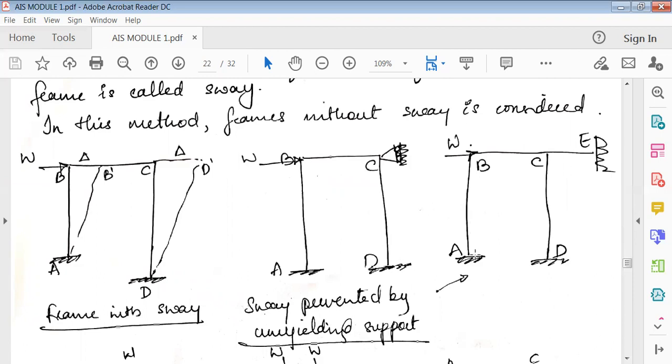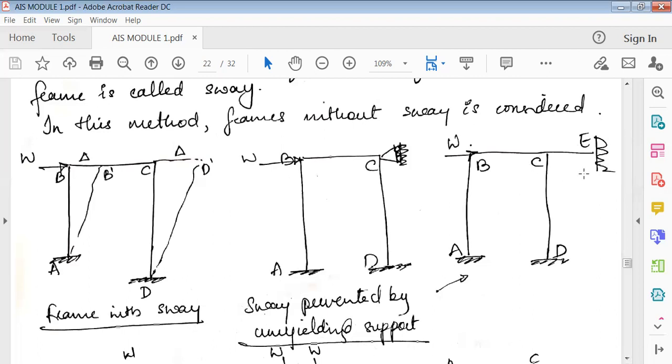Next, if you see here, even this is the same case. A, B, C, D is fixed like this, and this is the frame. And there is another member CE, and at E there is a fixed support. Because of this fixed support, if you apply load, the support will try to push it back to its original position.